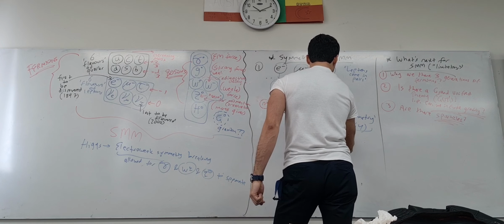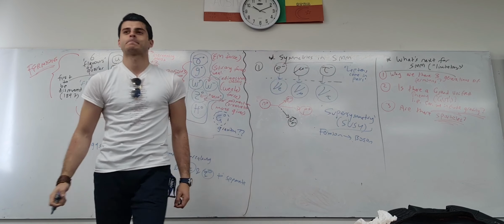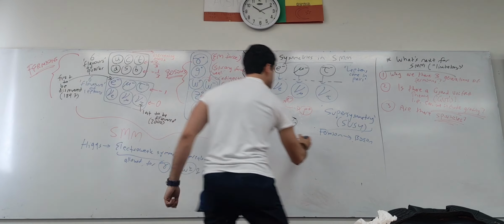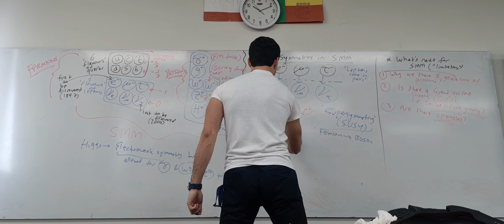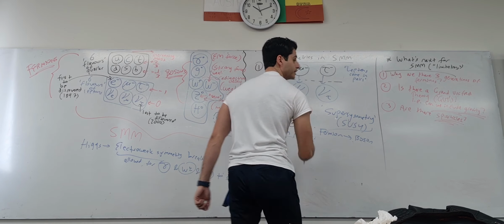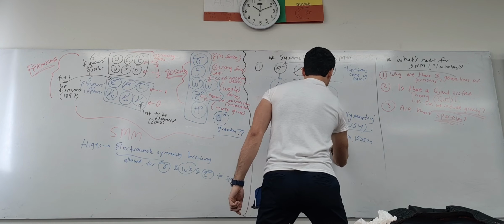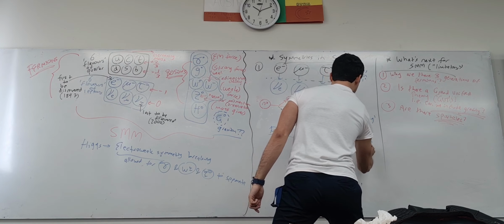For every fermion, there's a boson. How does this work? Here's how you name them. Every fermion partner has a boson partner.